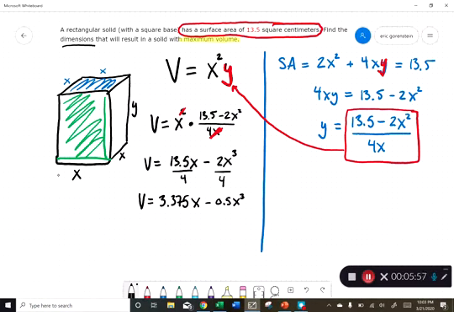So we can go ahead, take the derivative, and that's the derivative of volume with respect to x. And that should be 3.375 minus 1.5x squared. And we're going to take the derivative, set the derivative equal to 0.